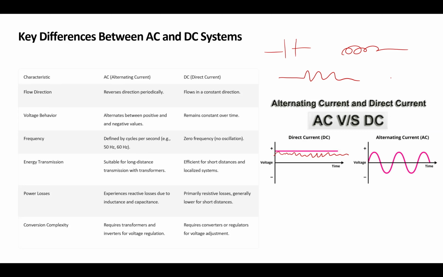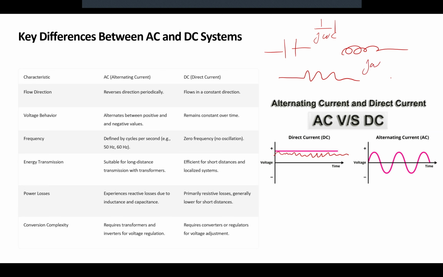Because if you want to use the frequency domain value for a capacitor or an inductor: for a capacitor, you have 1 over j omega C. And for an inductor, you have j omega L, correct? In DC, omega is 0. So you have infinite impedance in the capacitor, and 0 impedance in the inductor.